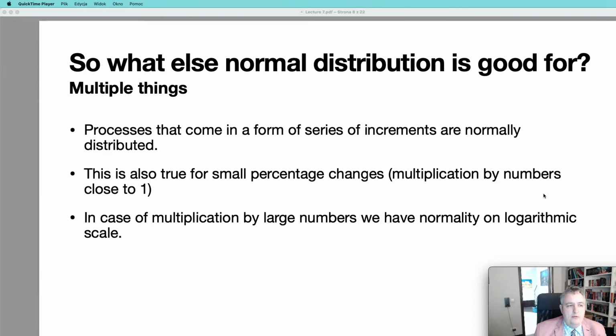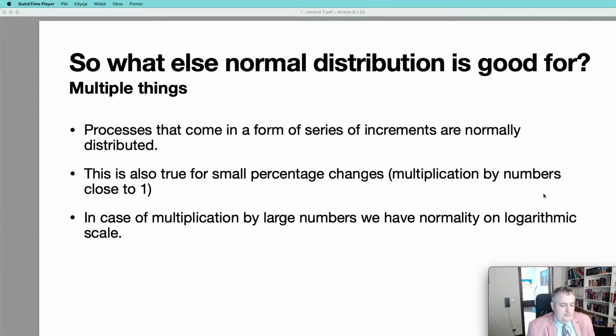This is also true for small percentage changes. If we multiply by numbers close to 1, this behavior is also normal-like, but this comes from linearization actually. And if you multiply by large numbers, we have normality on a logarithmic scale, because you get the log-normal distribution, which is exactly that, the normal distribution on a log scale.